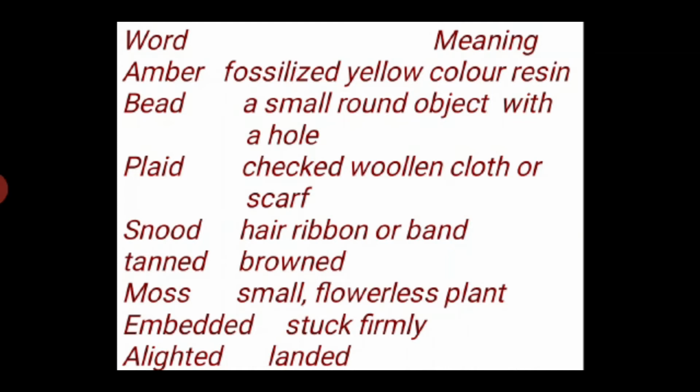Now the next word is bead. The meaning of this word is a small round object with a hole, to allow it to be threaded on a cord or wire.